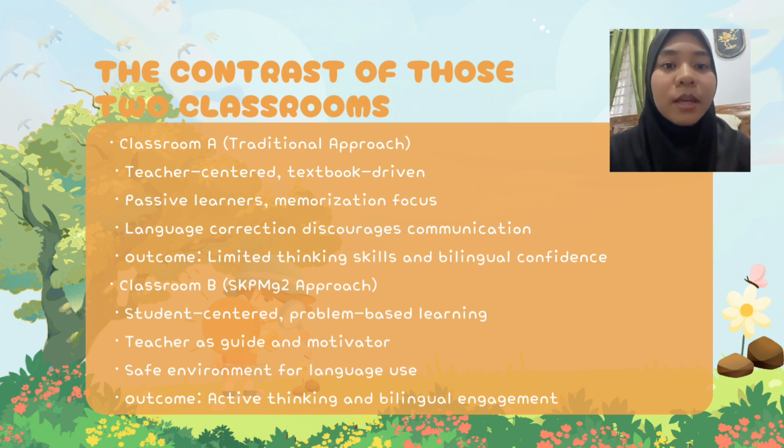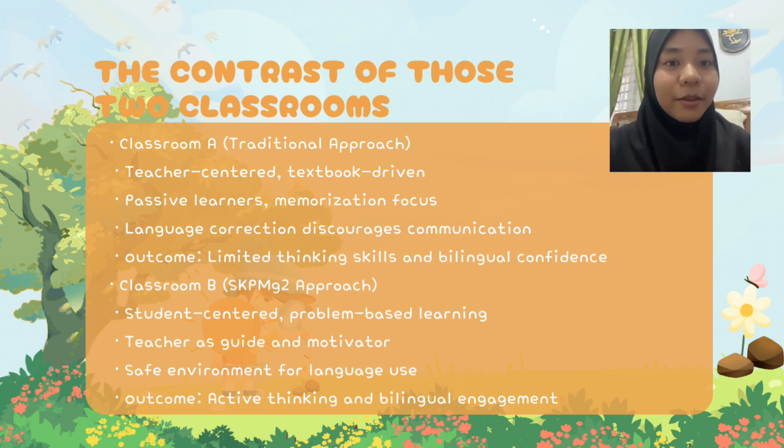So when students make language mistakes, the teacher corrects them immediately. While correction is important, too much correction can discourage students from speaking. As a result, the outcome is quite limited because students may score well in exams, but they often lack critical thinking skills and may feel less confident using two languages actively.